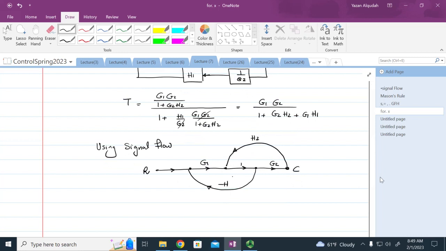Okay. So this is the signal flow equivalent of our block diagram. Now, of course, I could have not put this one here. I could have just put this one here and brought it here.